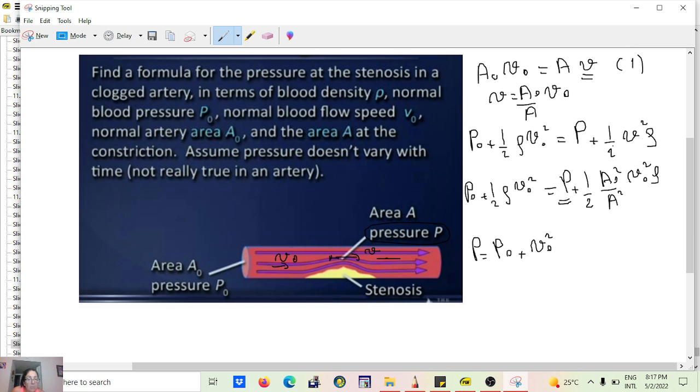You can do the algebra. Okay, I'm placing that term on the other side. So I have a half, a rho, and here I have 1 minus A0 squared over A squared. Okay, let's see if I didn't forget anything. Okay, that's not bad.